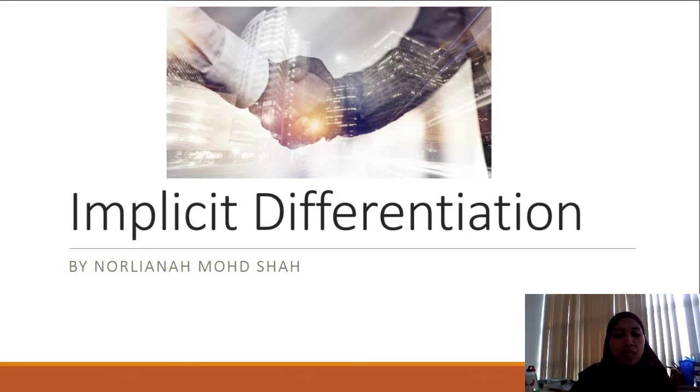Sometimes functions are given not in the form of y equal to mx, or y equal to f(x), but in a more complicated form in which it is difficult or impossible to express y explicitly in terms of x. Such functions are called implicit functions.